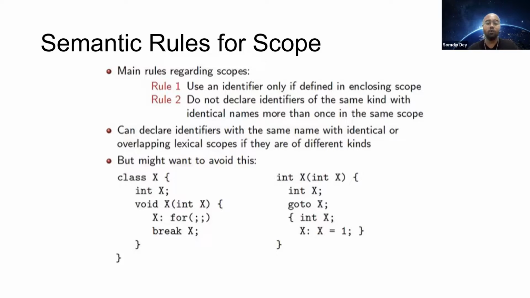And rule number 2 is do not declare identifiers of the same kind with identical names more than once in the same scope. As a developer of the language, you need to keep these two rules in mind when it comes to scope. Now, you can declare identifiers with the same name with identical or overlapping lexical scope if they are of different kind. That is perfectly allowed.